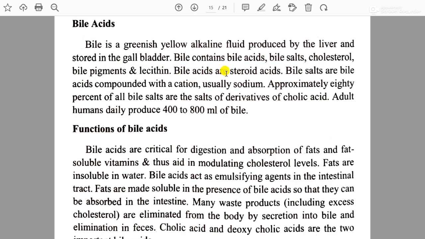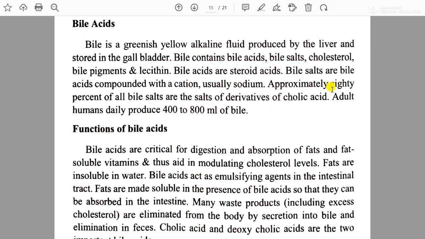Then bile acids are steroid acids, that is, they have a carboxylic group attached to the core steroid structure. Then bile salts are bile acids accompanied with a cation, usually sodium. So the carboxylic group's H+ will be substituted by an Na+ ion in the case of bile salts.